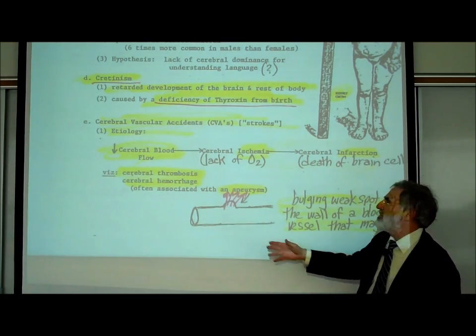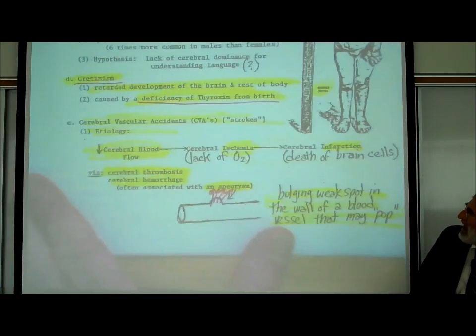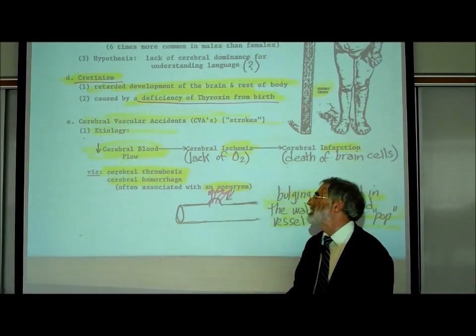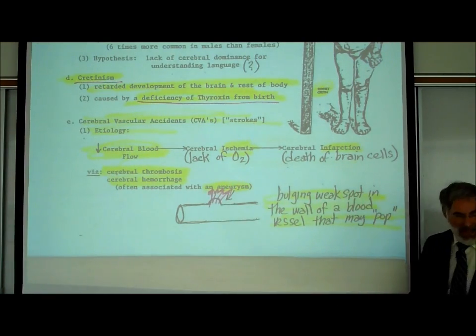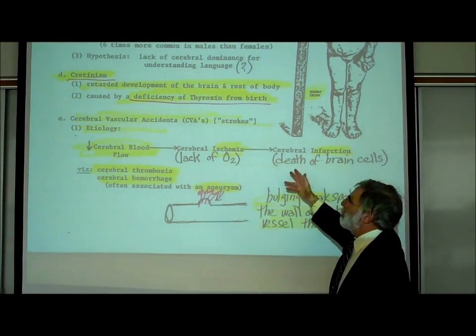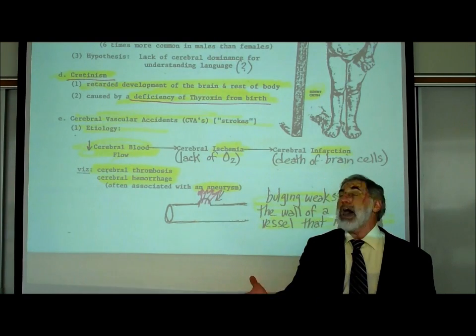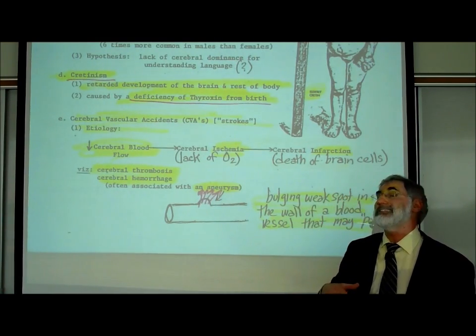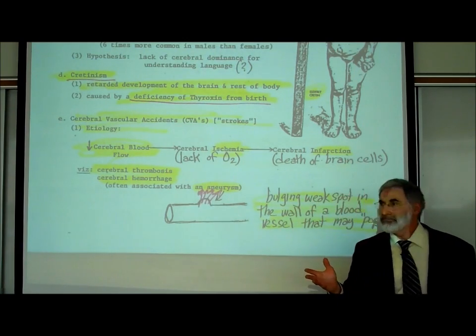Now, whenever there's a drop in blood flow to the brain, this causes cerebral ischemia. Ischemia means insufficient oxygen. And if there's not enough oxygen to the brain for any length of time, it will result in those brain cells dying. That's called an infarction. The word infarct means death, cerebral infarction.